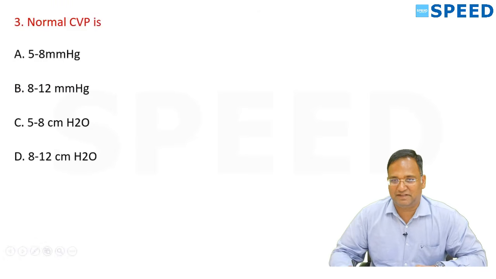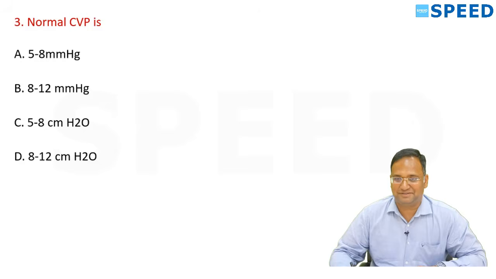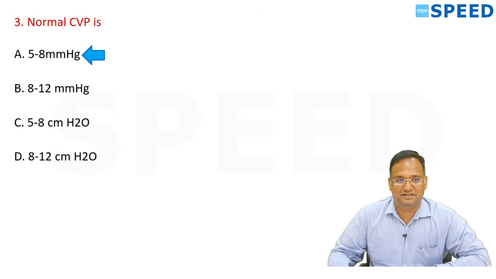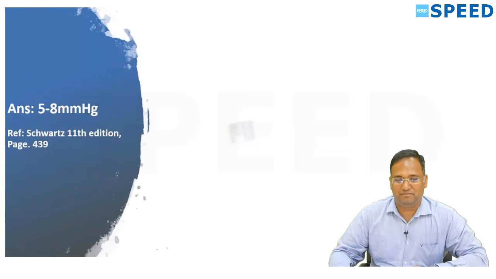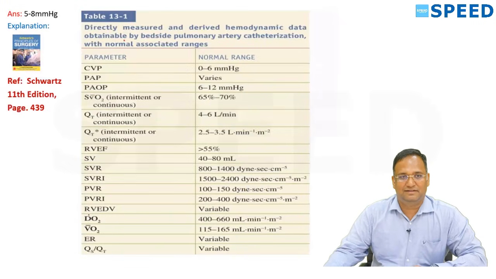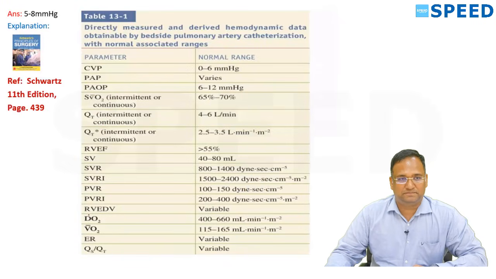Normal CVP, a very straightforward question from general topics in surgery. Yes, even this question can be answered without preparation. So, the right answer is 5 to 8 mm of mercury, and Schwartz 11th edition, page number 439.